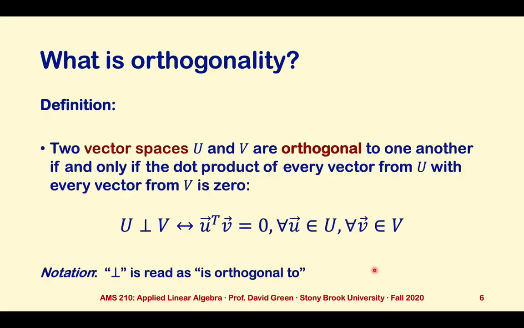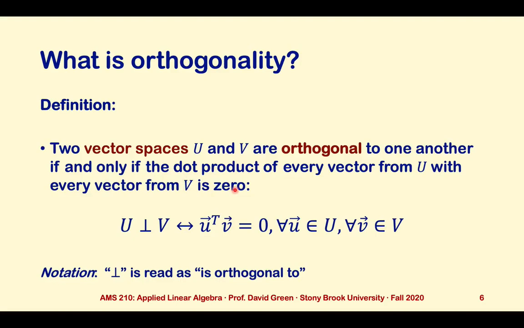That's for orthogonality of two vectors. Now let's define orthogonality of two vector spaces, two collections of vectors. Two vector spaces, U and V, are defined to be orthogonal to one another if and only if the dot product of every vector from U with every vector from V is 0.